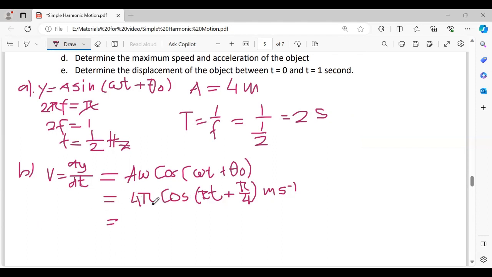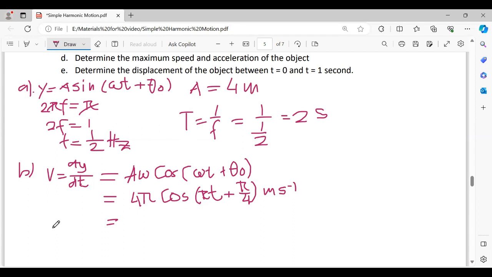This is the velocity: pi cosine of pi t plus a quarter pi, meters per second. And we cannot simplify this.